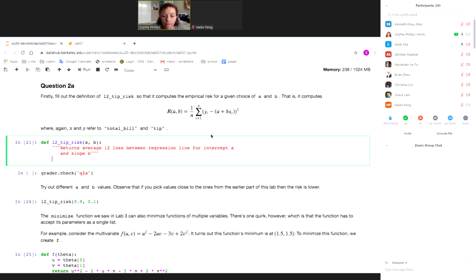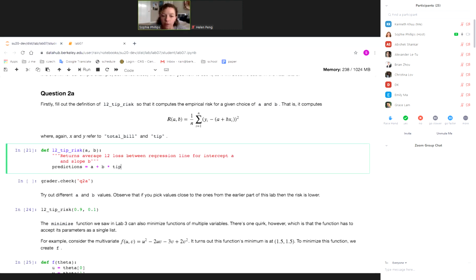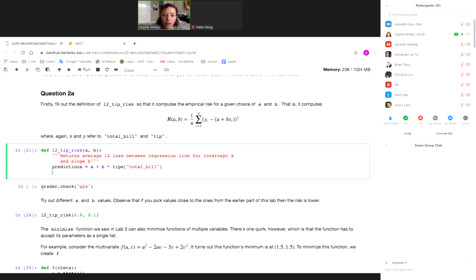So let's make our predict. If we have this intercept and slope, our predictions are, given the input a, the intercept plus the slope times a. Since we're using the tips data set, X and Y here refer to the data: X will be the total bill column, and Y is the tip column.